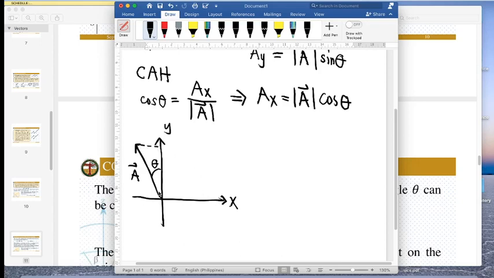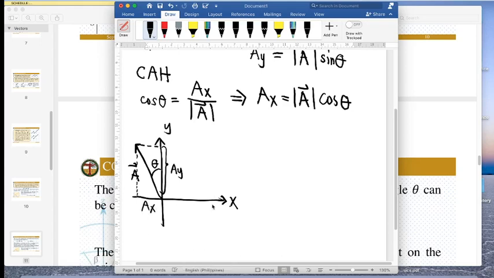So the projection of my A to y-axis is this one. So ito yung AY ko. And the projection of my vector A patungo ni X is ito. So ito yung AX ko.